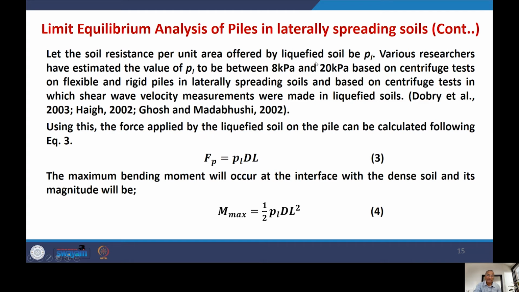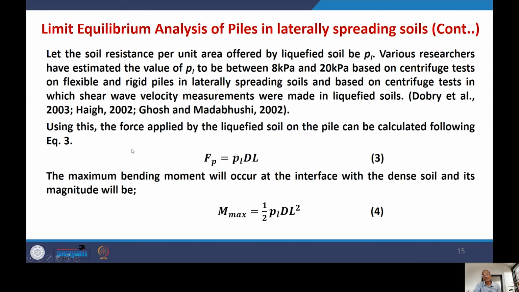So from the centrifuge tests, it has been observed that the value of PL may be between 8 kilopascal and 20 kilopascal for flexible and rigid piles. Further details of these tests can be found in Dobry et al. and Madabhushi. These are some of the references.